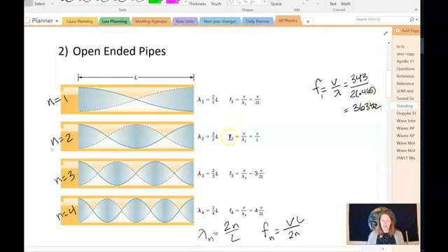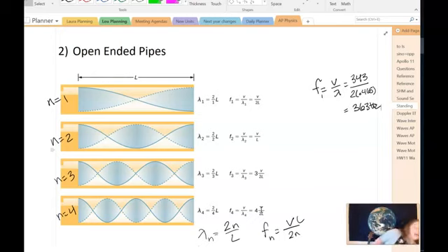So what's cool about this is the second harmonic is just double the first harmonic, or is 2 times the first. The third is 3 times the frequency of the first, and the fourth is 4 times the first. So I can predict the second harmonic by multiplying either the frequency I calculated or the frequency I found by 2. So if I multiply the frequency I found by 2, which is 345, I get 690.